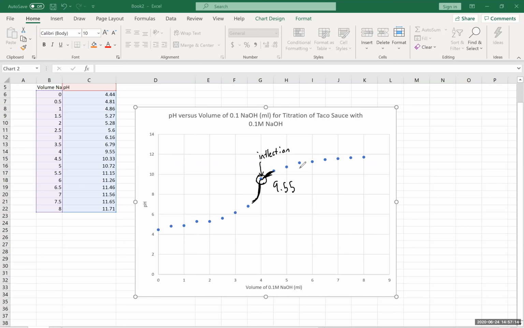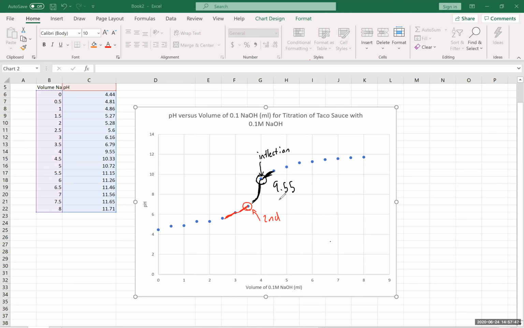Okay, so for our second inflection point, our curve is convex and now it's concave. So this point right here is our second inflection point.